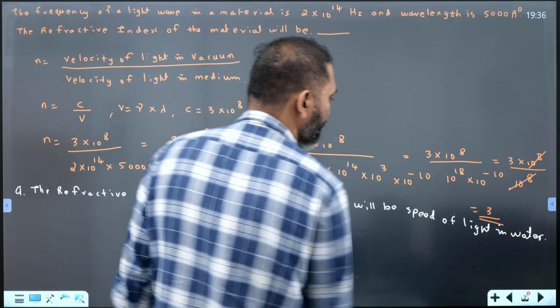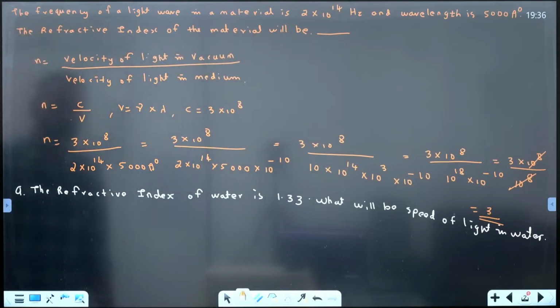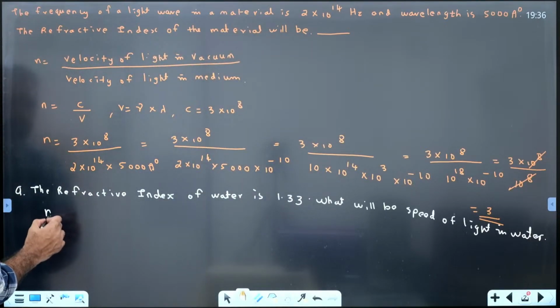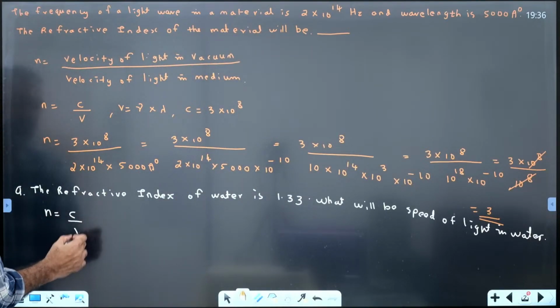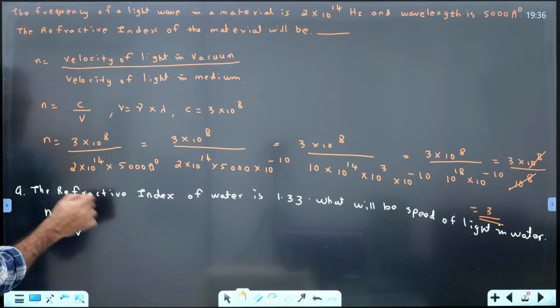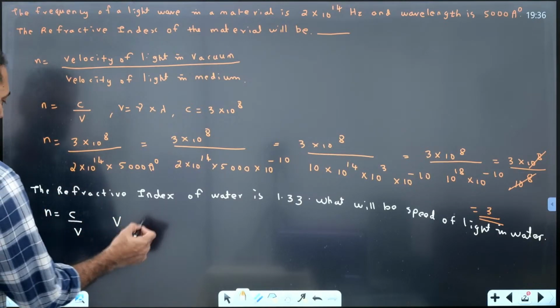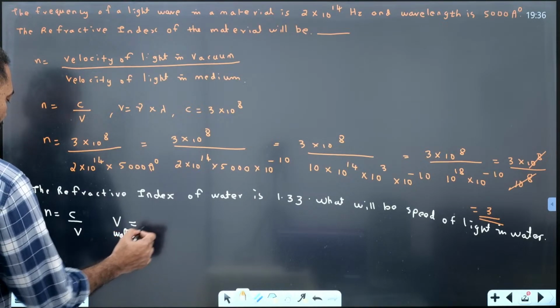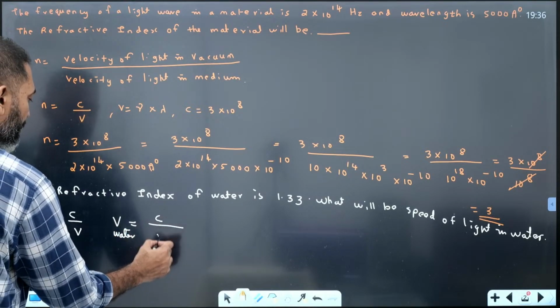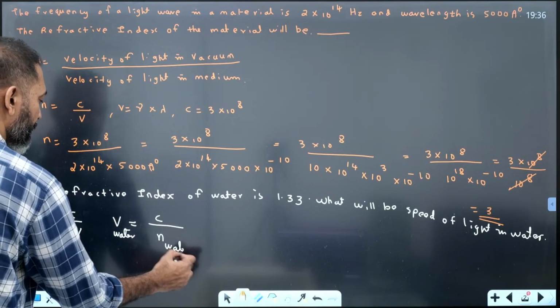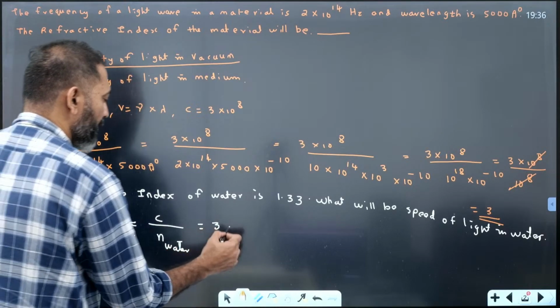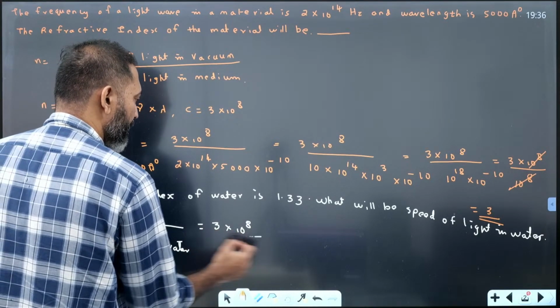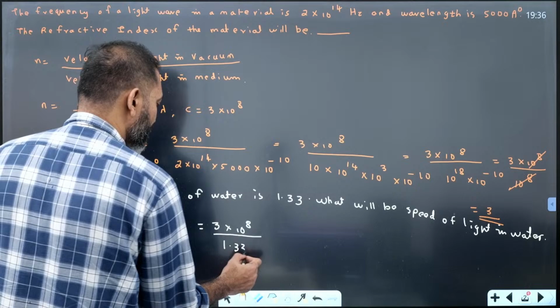Refractive index of water is given. We have to find out the speed of light in water. We know that N equal to C by V. Refractive index is equal to speed of light in vacuum divided by speed of light in medium. So speed of light in water is equal to C divided by refractive index of water. C is 3 into 10 to the power 8, divided by 1.33.